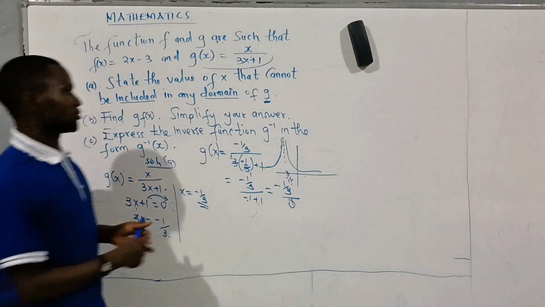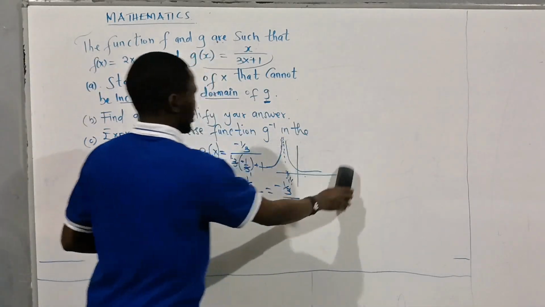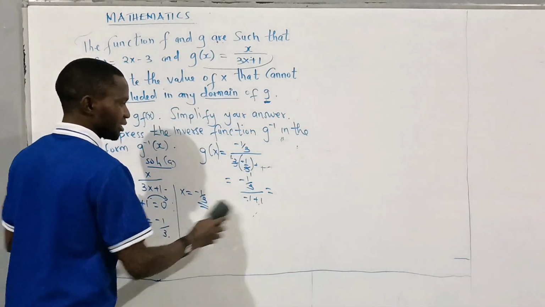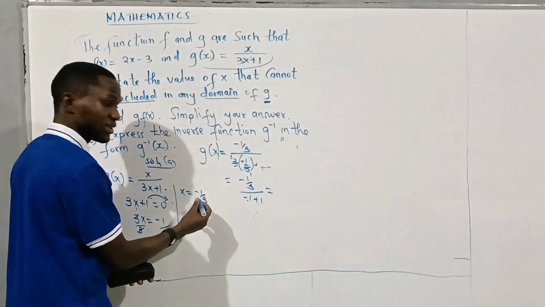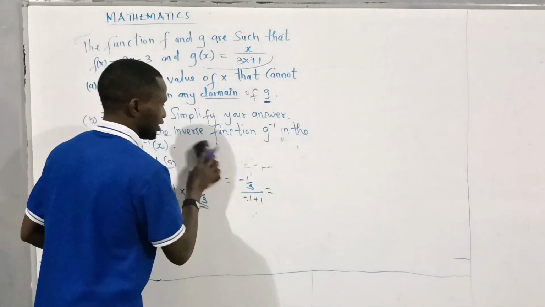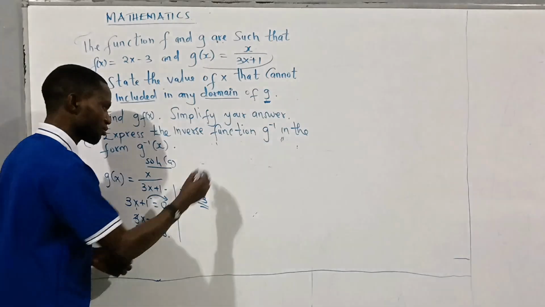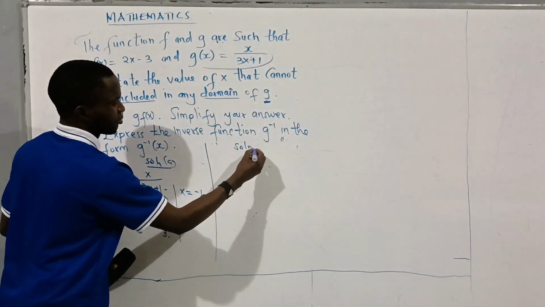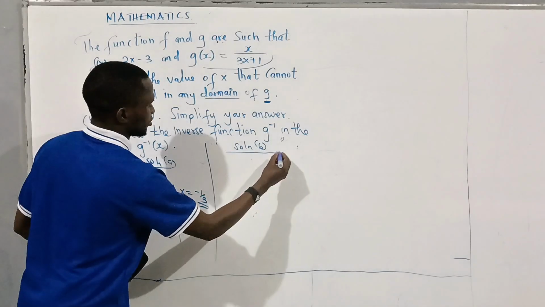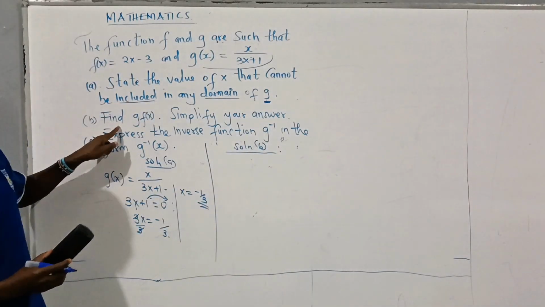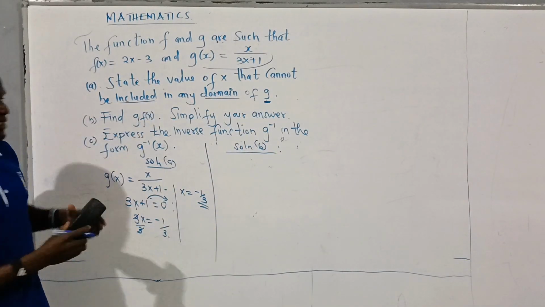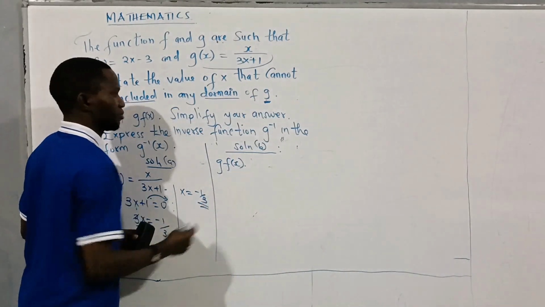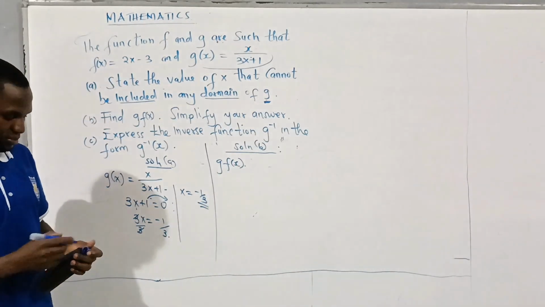The second one. Remember the value is negative a third, and we have done the confirmation here. Find g of f of x. Then we simplify our answer.